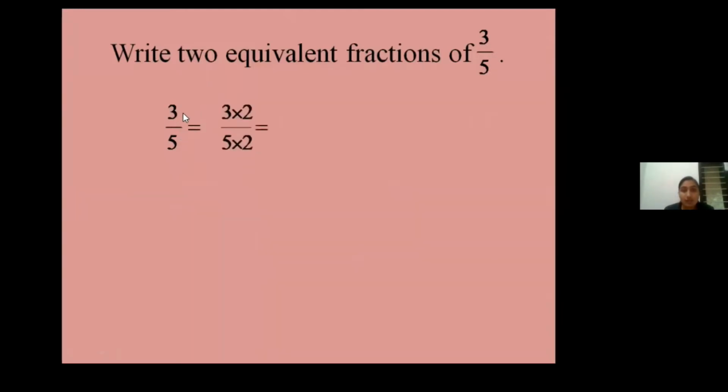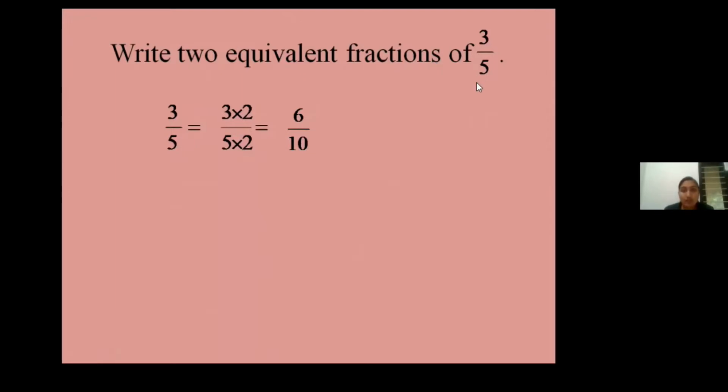I multiply both the numerator and denominator with 2. That is 3 into 2 by 5 into 2. 3 into 2 is 6, 5 into 2 is 10. So 6 by 10 is an equivalent fraction of 3 by 5.